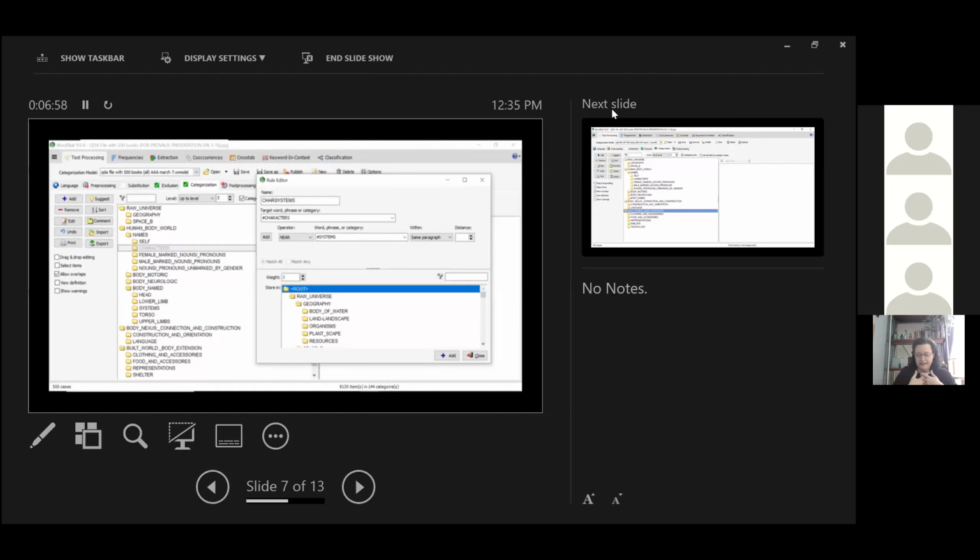This includes using the rules creation in the dictionary. Here you can see one possibility just on the screen, which would be to look at how the words and especially the categories relate to each other. So Martin talked about attributes. That's one way to relate words.